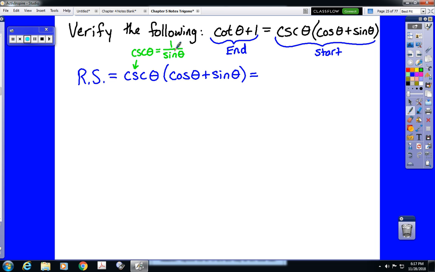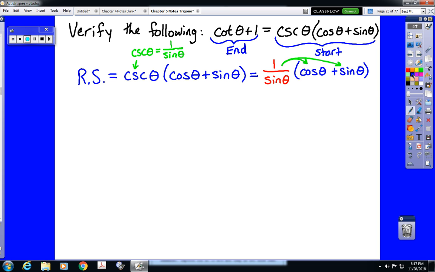Well, cosecant is 1 over sine. So what we're going to do is substitute 1 over sine in the place of that cosecant. And then we'll still leave everything else alone because everything else is already in terms of sine and cosine. So then our next step will be we're going to take 1 over sine and distribute.